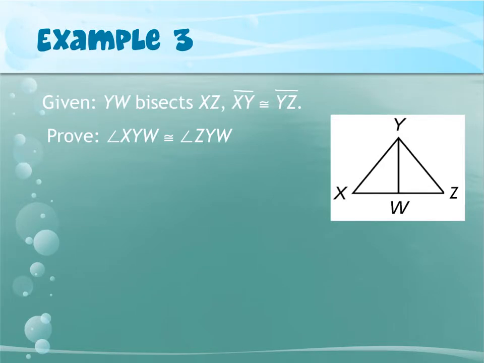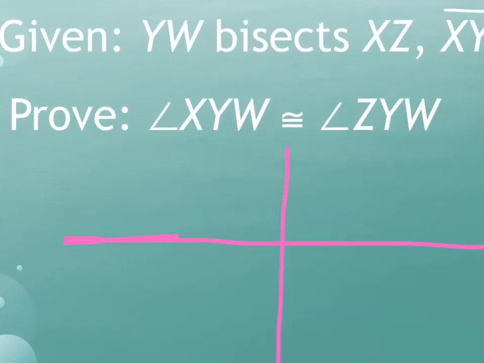Okay, example 3. Given YW bisects XZ and segment XY is congruent to segment YZ. We're going to prove that angle XYW is congruent to angle ZYW. We're going to make a proof just like we've been doing before with the chart. We're going to have our statements on one side and our reasons on the right side.